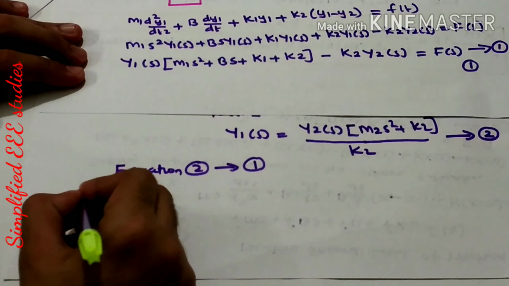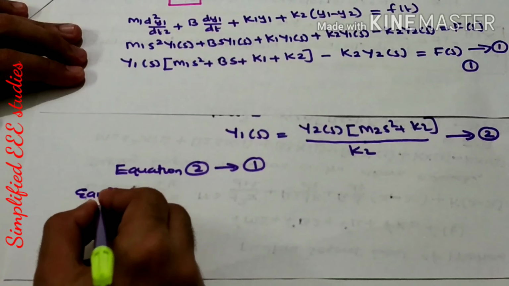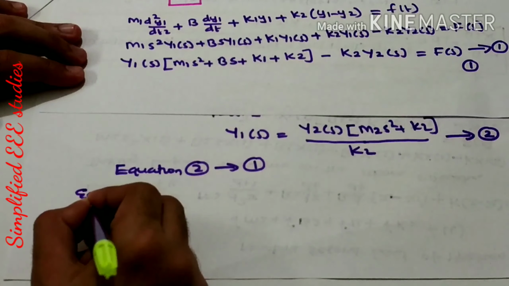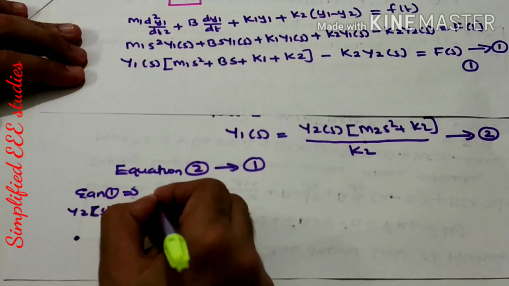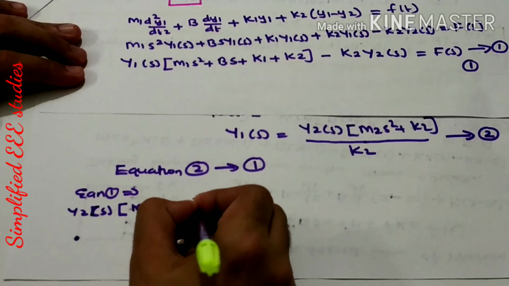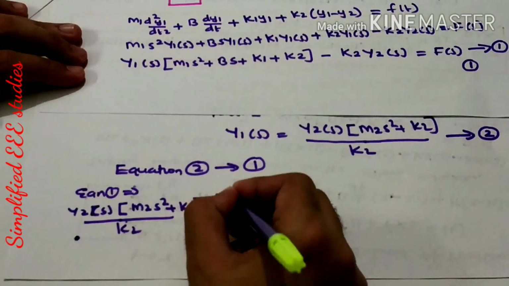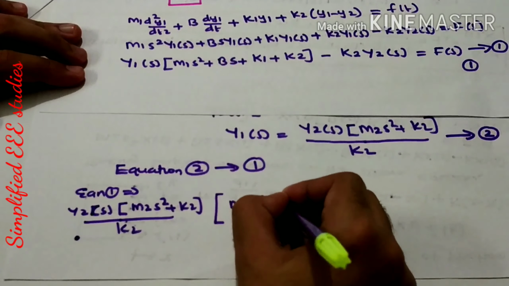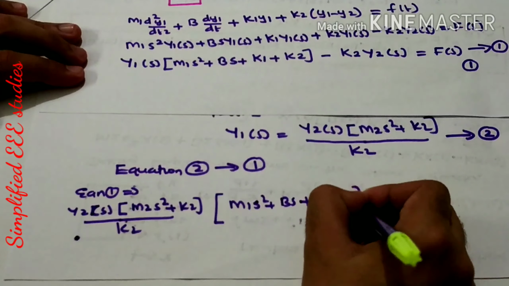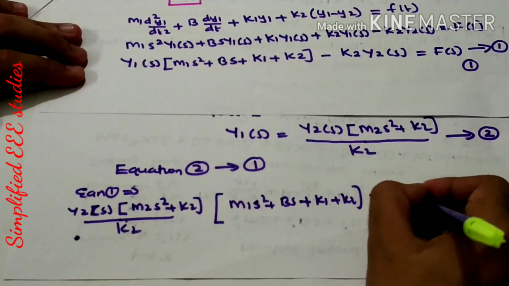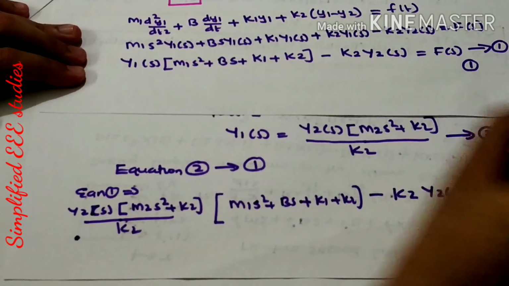Then equation 1 implies y2 of s into m2 into s square plus k2 divided by k2 multiplied by m1 into s square plus bs plus k1 plus k2, minus k2 into y2 of s, that is equal to f of s.